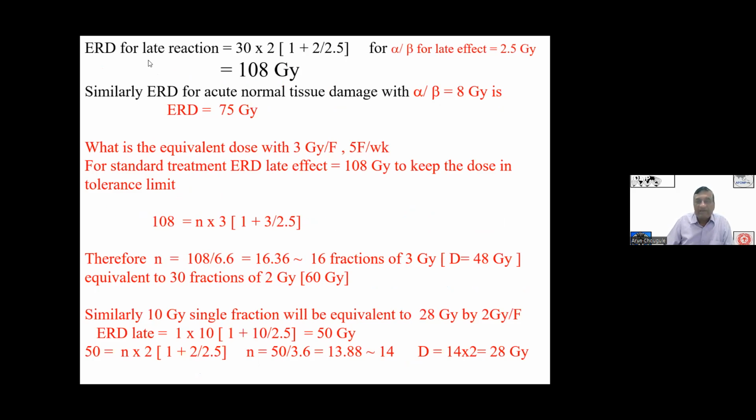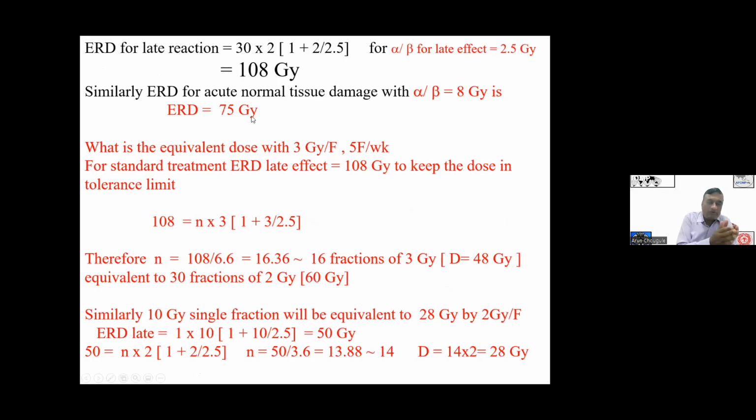Now, ERD for late effects, if you take alpha by beta as 2.5, will come to 108. Similarly, ERD for normal tissue damage, if alpha by beta is 8, will be 75.